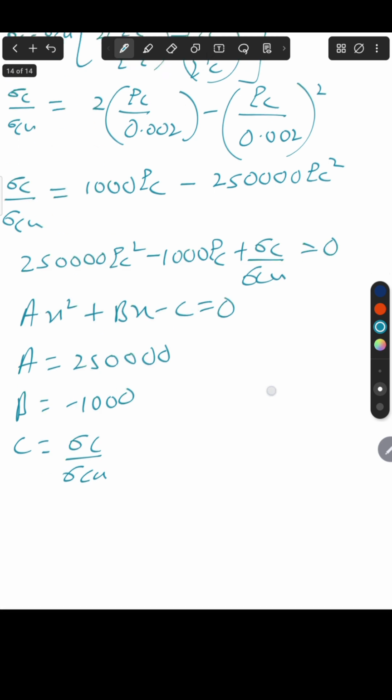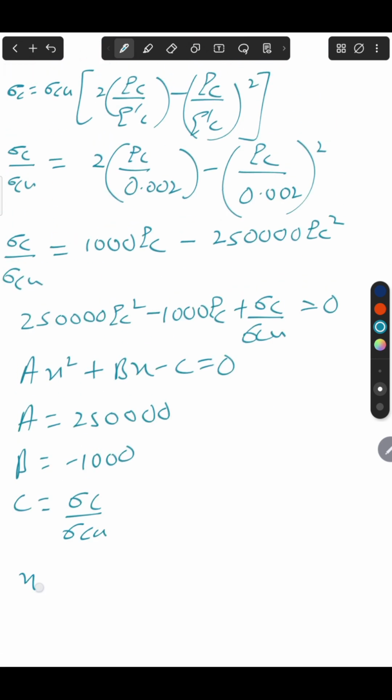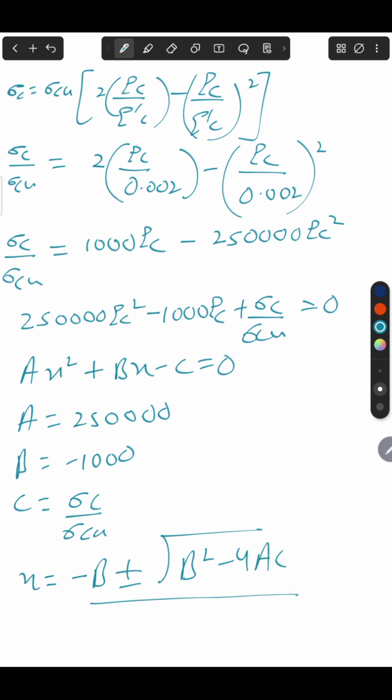Now if we solve for x from the equation, x equals minus b plus minus under the root b square minus 4ac, by 2a.